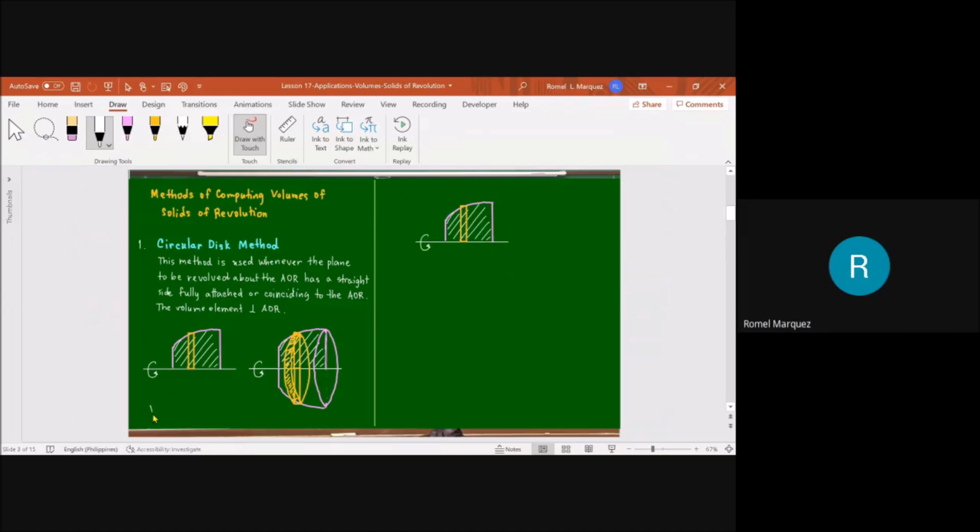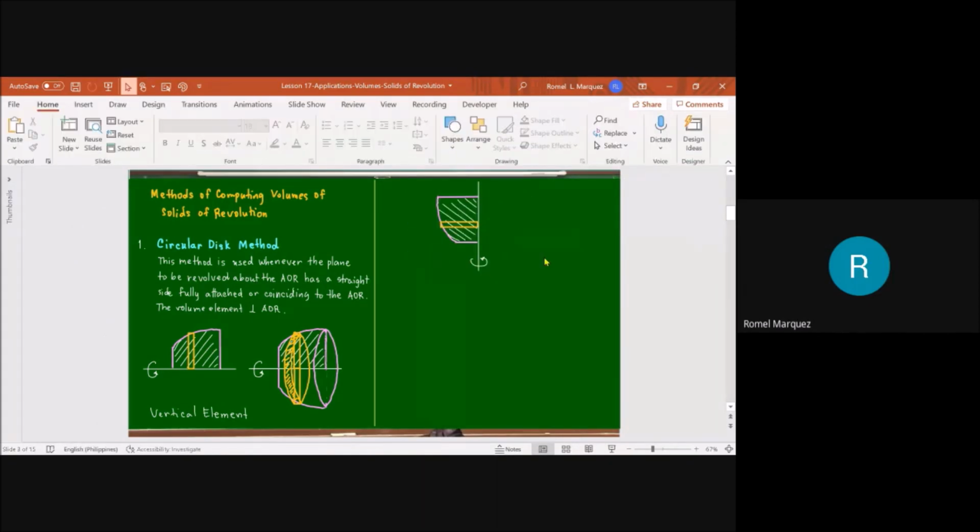The volume element here is vertical, or using a vertical element, so that you have a vertical area element. When rotated, you now form a volume element that is a vertical circular disk. If I'm going to flip this, here we go.